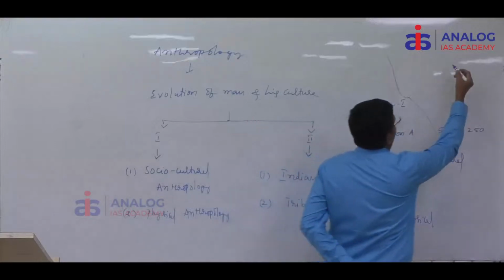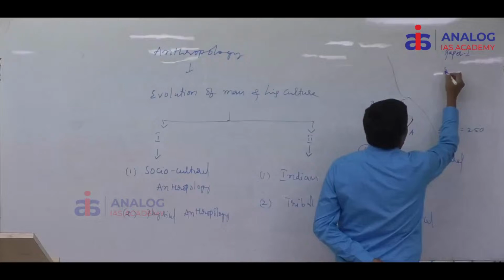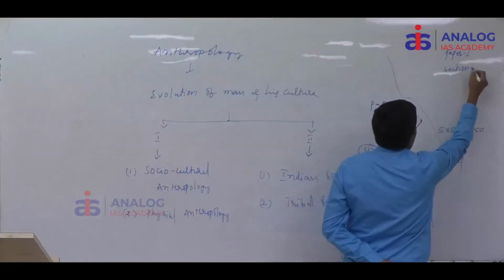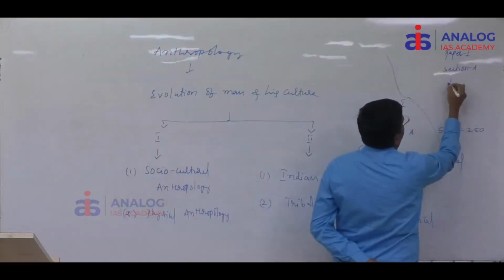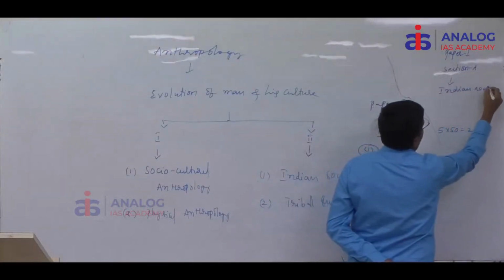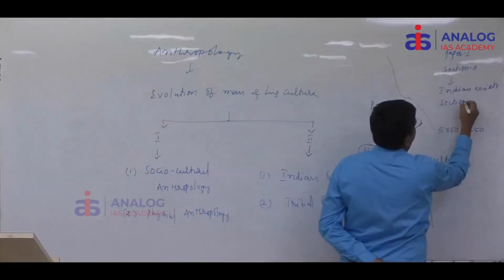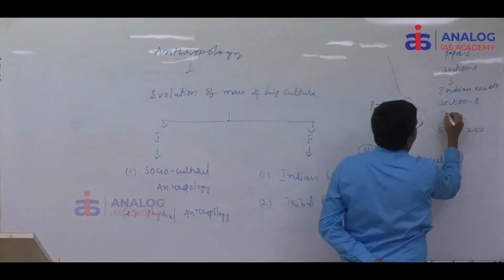Similarly, with respect to paper 2, in paper 2 also, in section A, questions will be asked on Indian society in general. In section B, questions will be asked from tribal India.